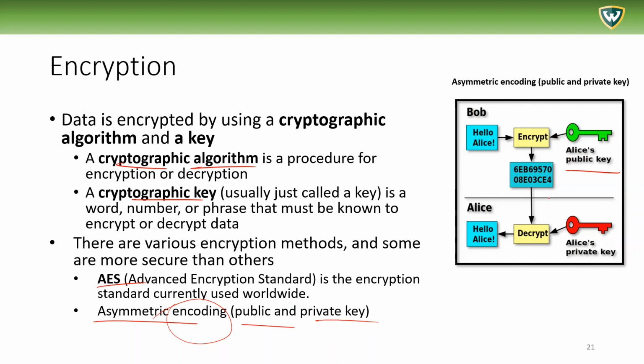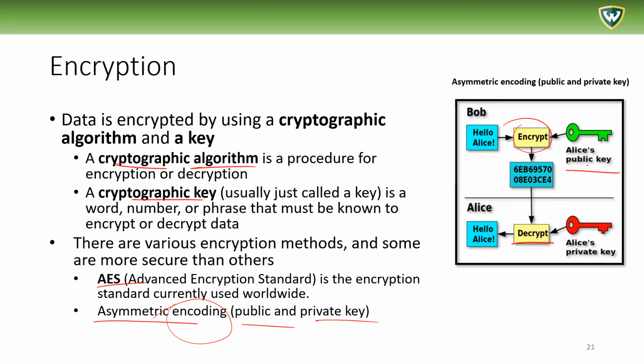Alice, who is going to receive the message, has her own public key and private key. The public key is used to encrypt the data, so Bob can use her key to encrypt his message. And only Alice has her private key, which is used only to decrypt the data.